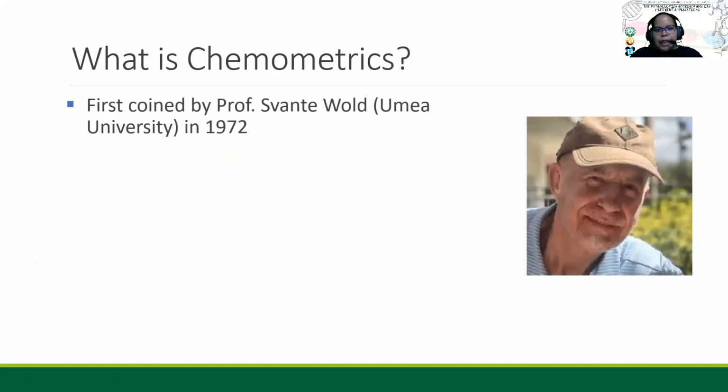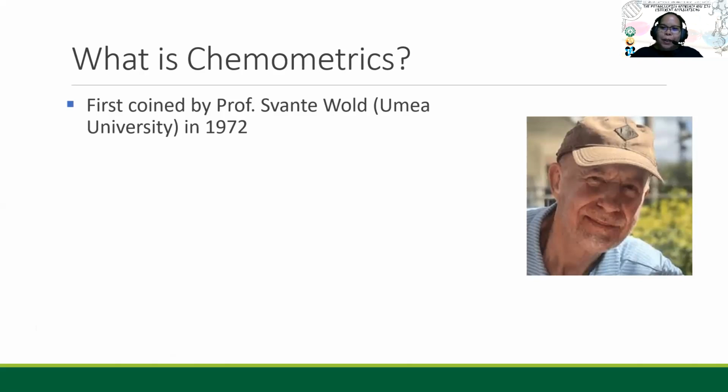So chemometrics was first coined by a professor from Umeå University, Professor Svante Wold. Just a bit of trivia. Actually, Svante Wold is the grandson of a Nobel Prize in chemistry winner, Svante Arrhenius.